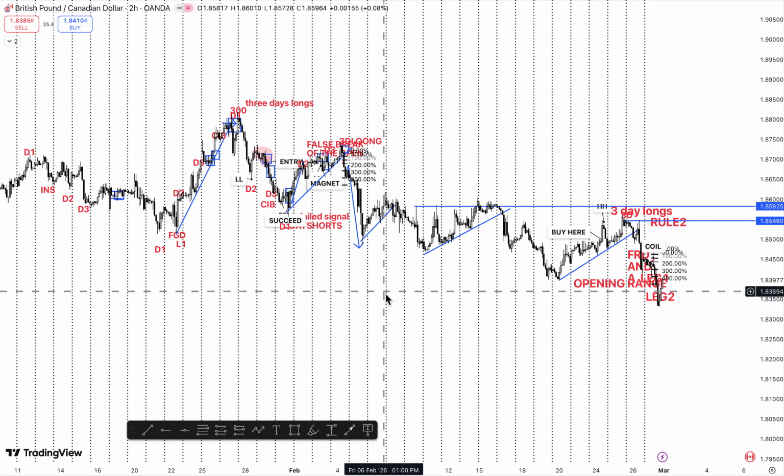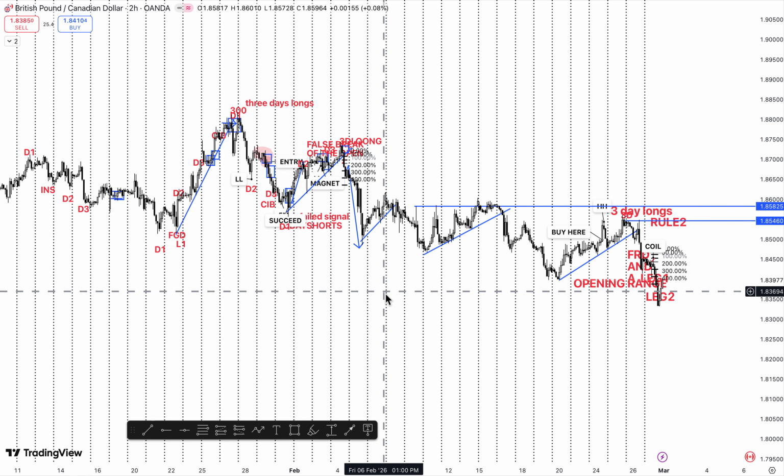You can see me identifying trend lines, opening range, closing breakout, micro trend lines, major trend lines from what we see here.